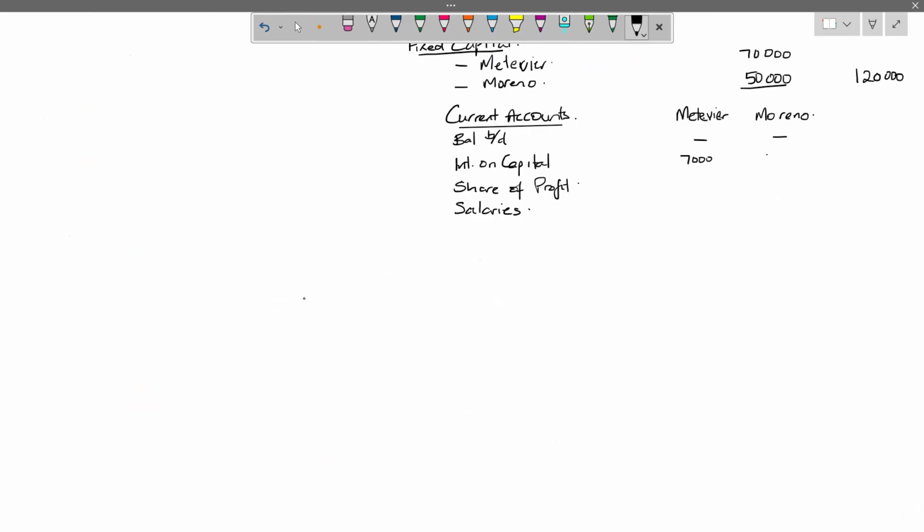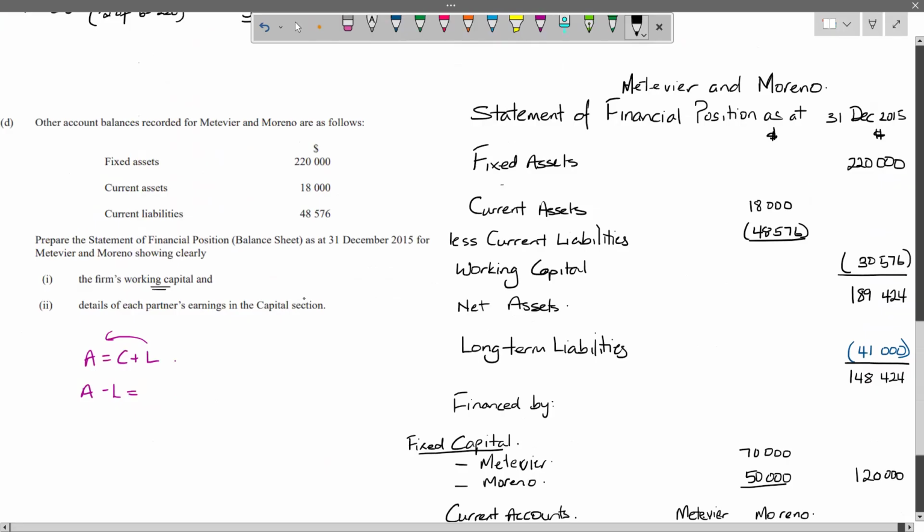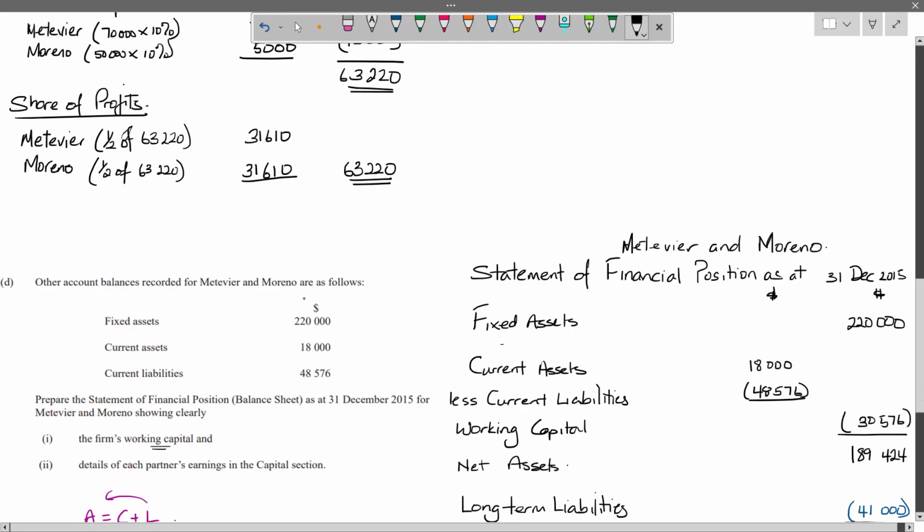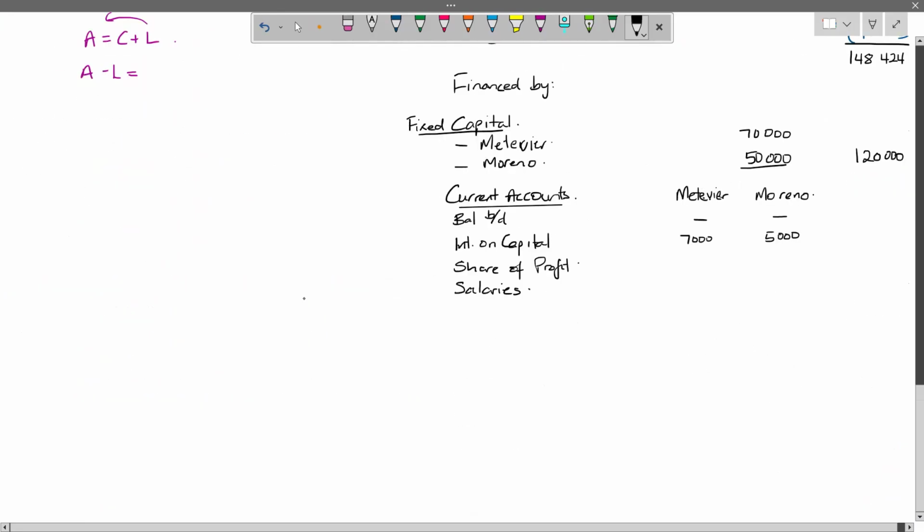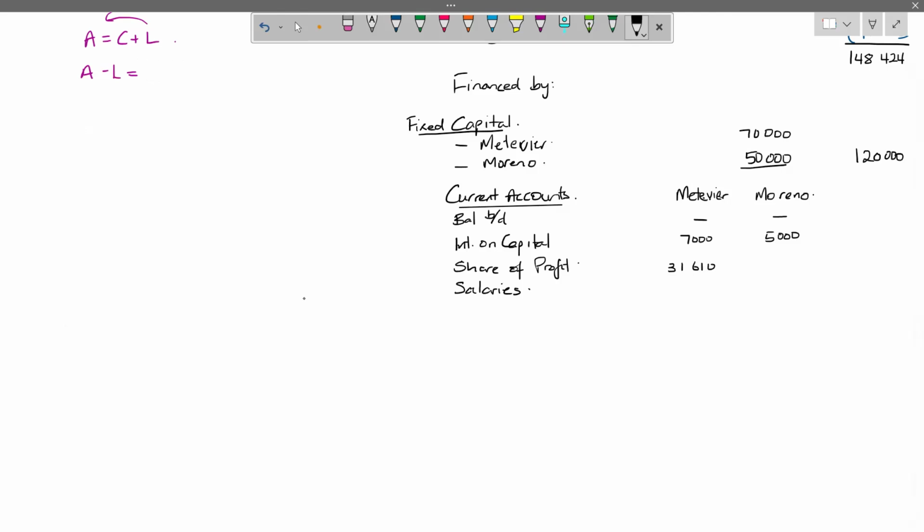And then we had that figure of share of profits, 31,610. We have no figures here for salaries. If we add these, you're going to get 38,610, 36,610.